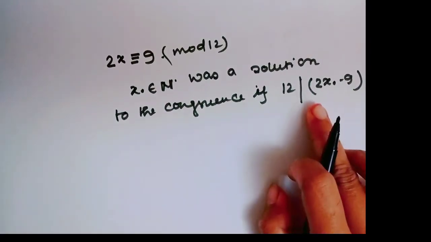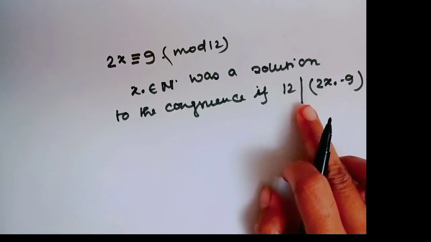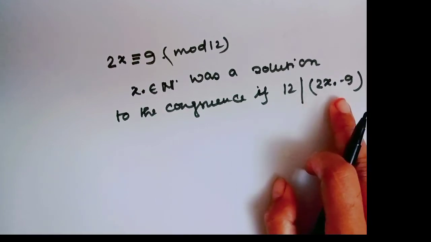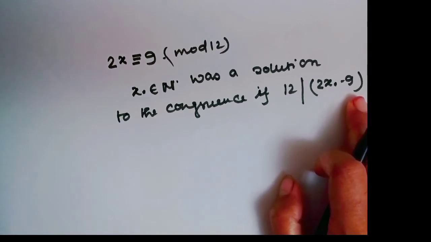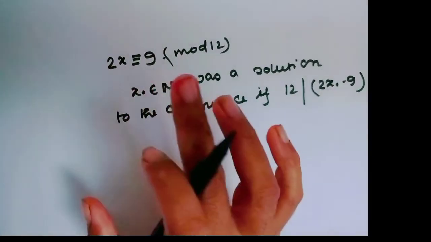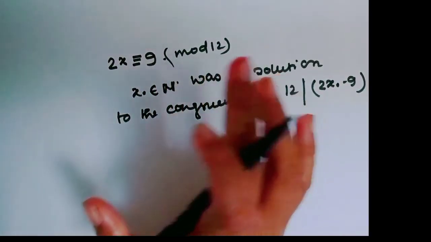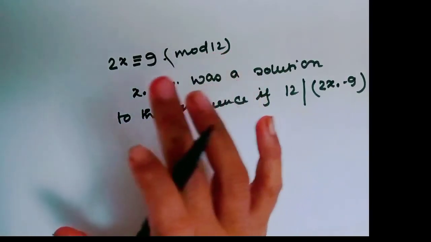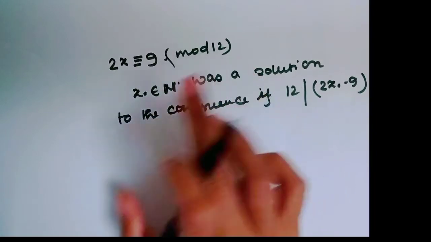Okay, and this is an odd number, so 12 cannot divide it, so it has no solution. Okay, what is going wrong? There is a common divisor of 2 and 12.